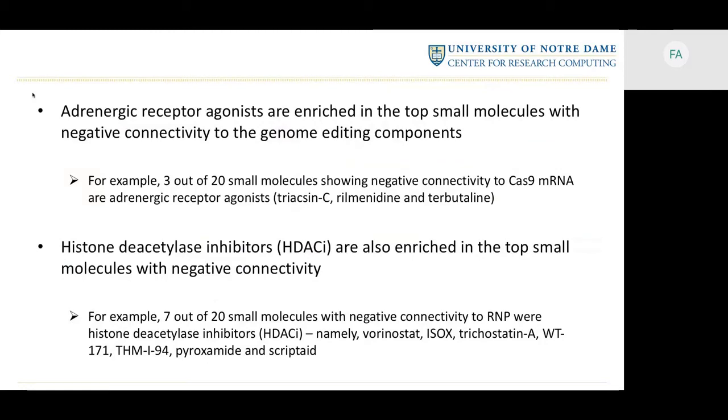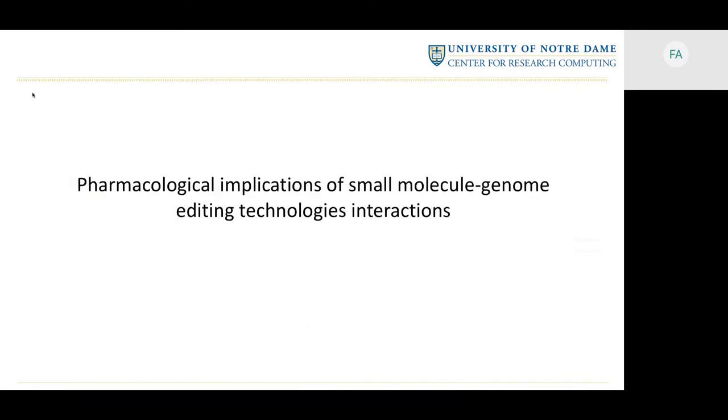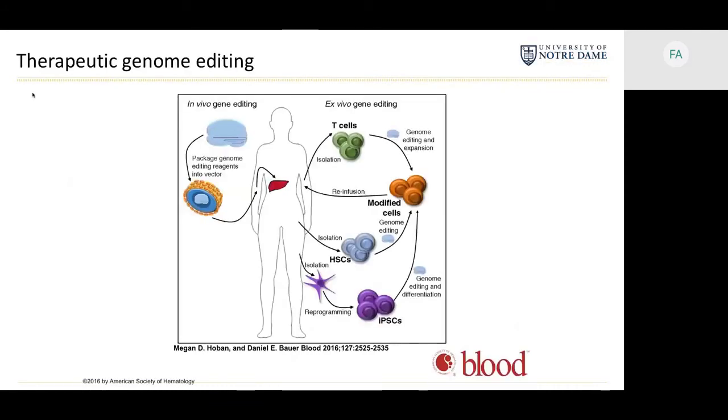Among these molecules, interestingly, we find adrenergic receptor agonists as enriched in the small molecules that show that signature, and this is consistent also with some recent studies that performed high-throughput molecular screens to find small molecules that might impact genome editing efficiencies. So you can begin to imagine what kind of implications this could have at the therapeutic level of genome editing.